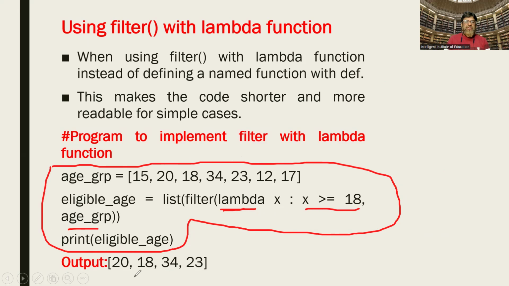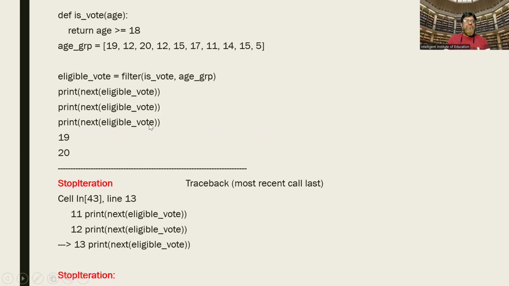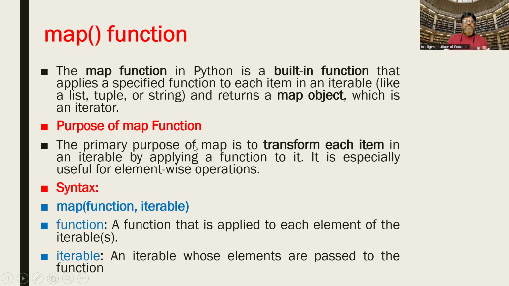We got here eligible 20, 18, 34, and 23, isn't it? Okay. This all I will show you in practical. Here also I have given an example with the help of next, taking one data from that list.